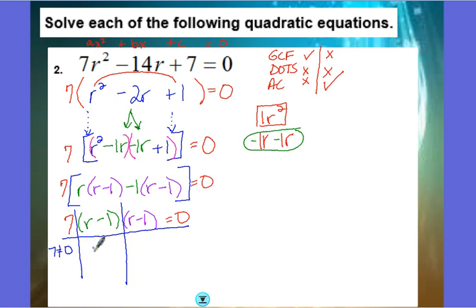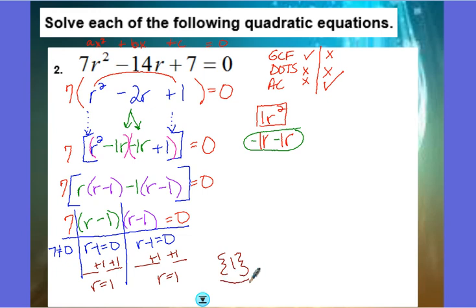No, so that is not part of our solution. But instead, I'll have r minus 1 equal to 0 and r minus 1 equal to 0. Our next step states we have to solve for each, and here we'll see we get the same solution both times. So now I believe the solution will just be when r is 1.